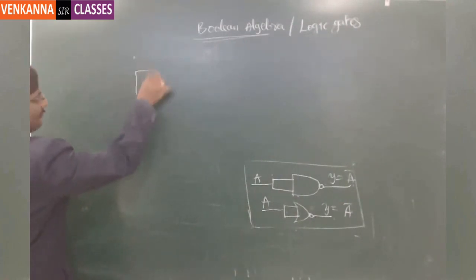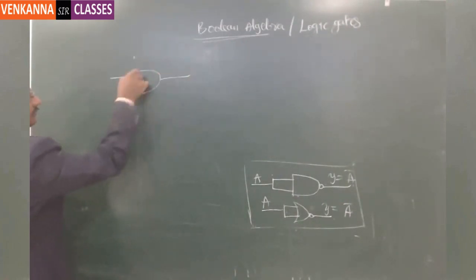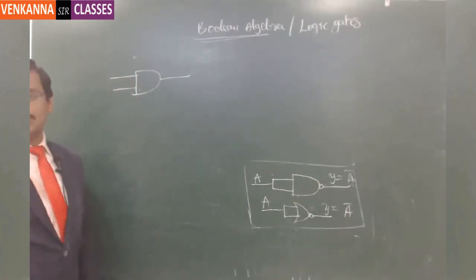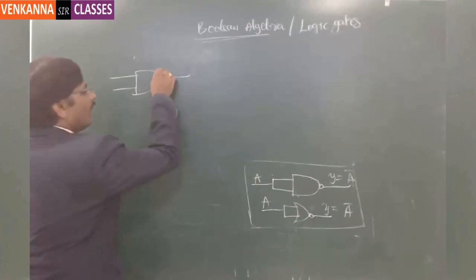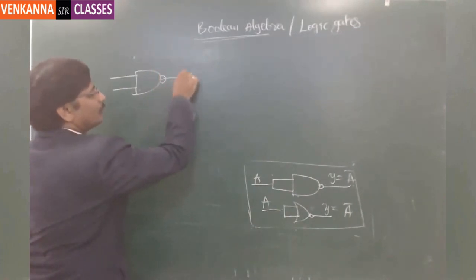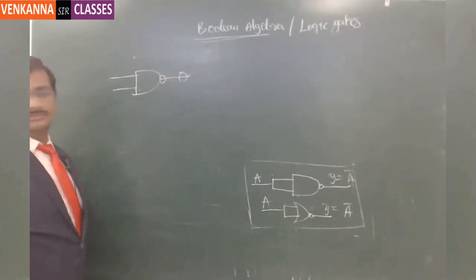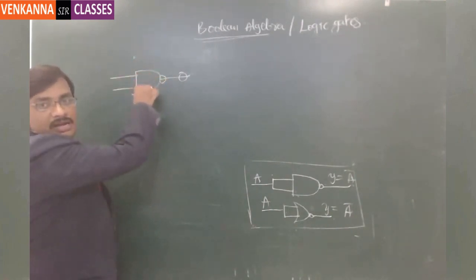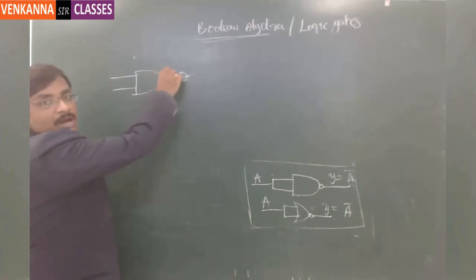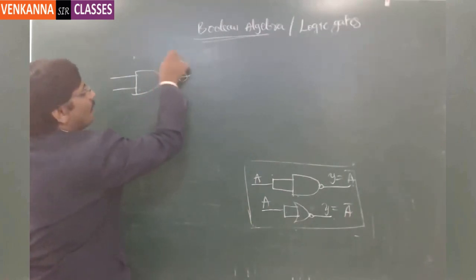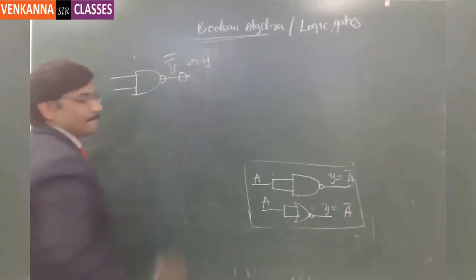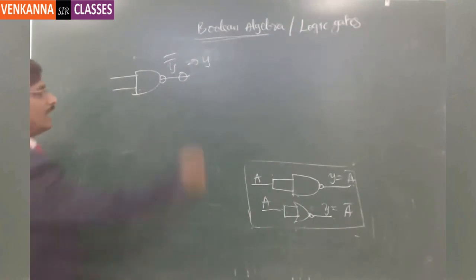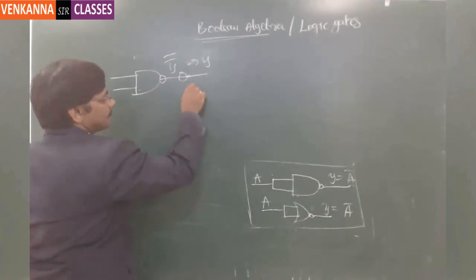See this, this is the AND gate I want. So with the help of NAND gates, what I will do is, I will put a circle here and I will put a circle here. Whatever the output for the AND gate, it is going to be Y. Y bar whole bar is again Y. That means this is the AND gate functionality.